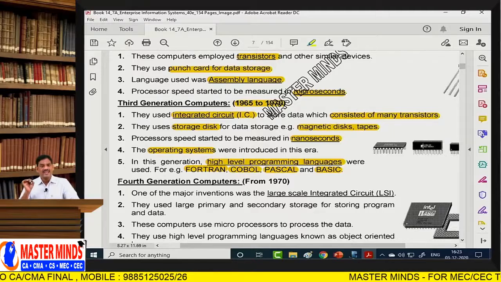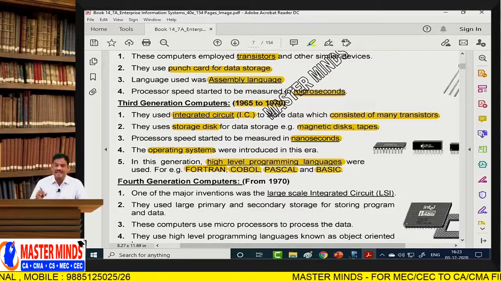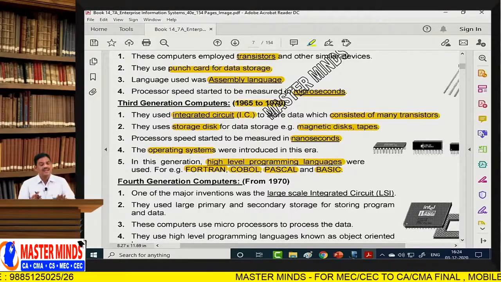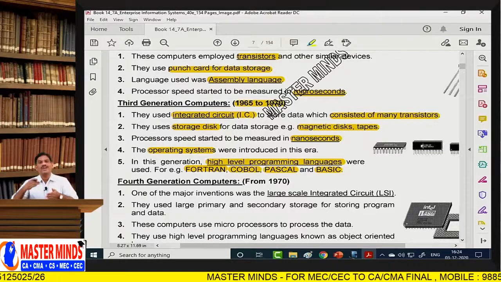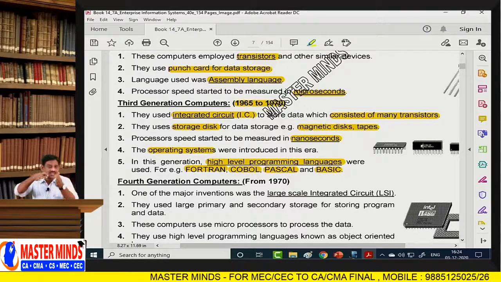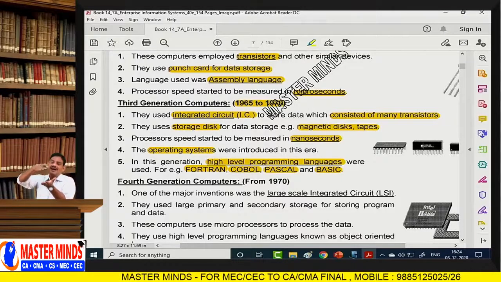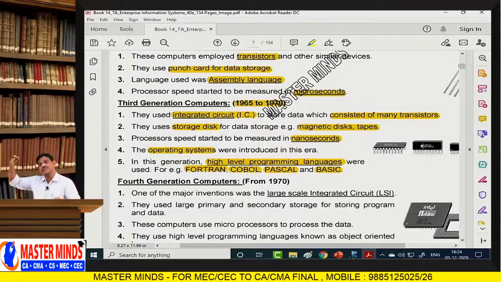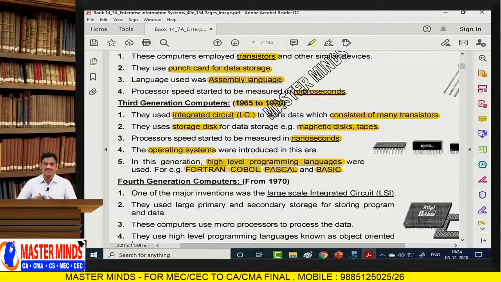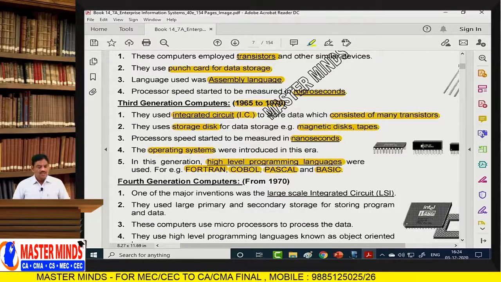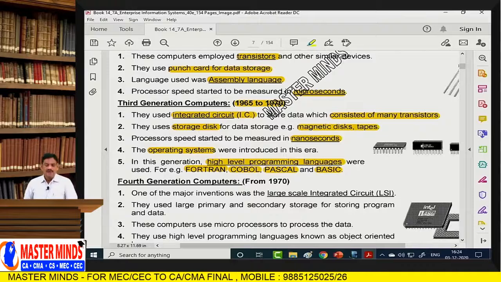So this is a basic component of programming languages. Nowadays we are using C, C++, Java, Python. All these languages come under higher level languages, object oriented programming languages. So the third generation of computers uses integrated circuits.